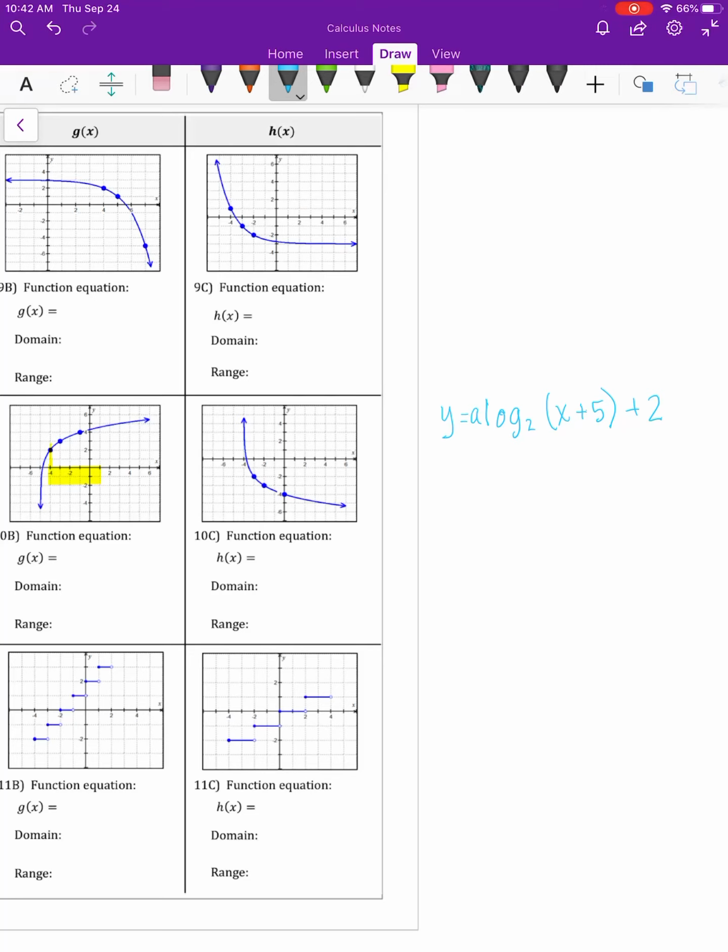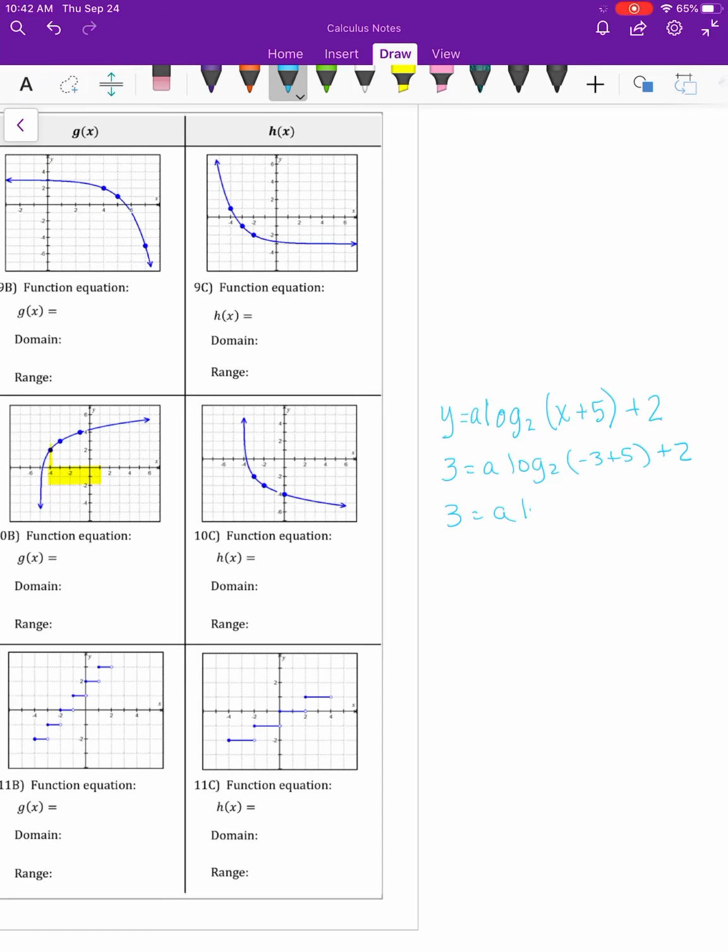This is x minus a -5, so that's why we did +5, and then this is just up 2, +2. And we can put a point in for our function: I see the point -3, 3.